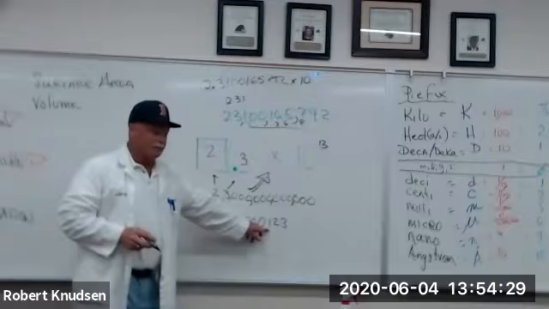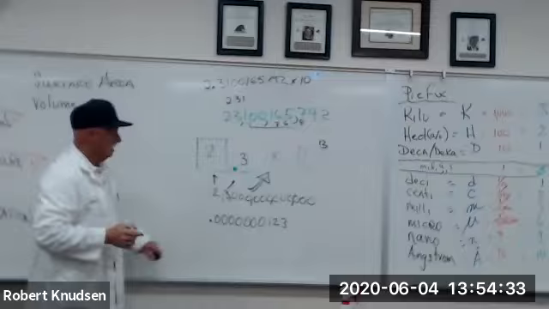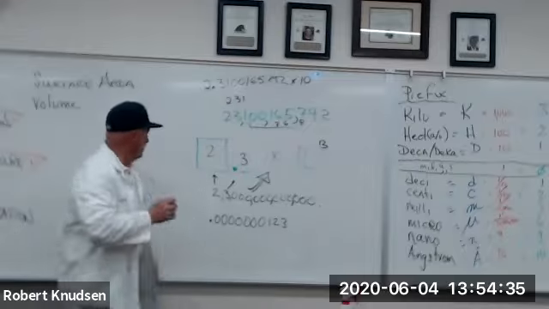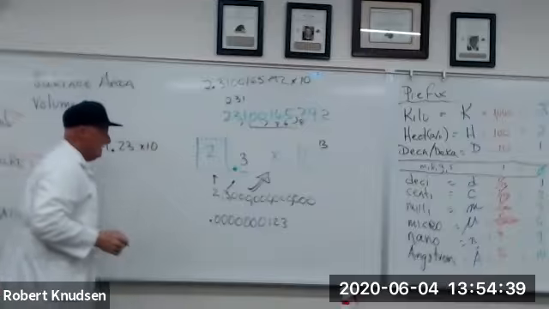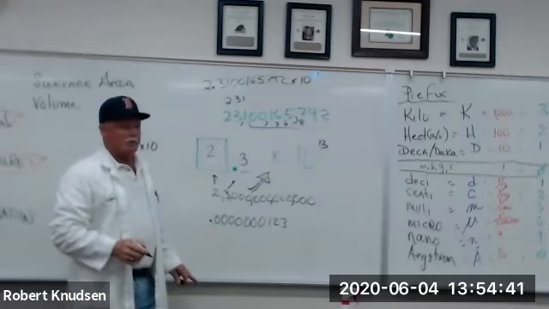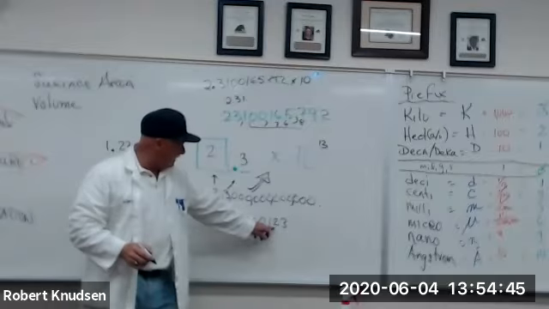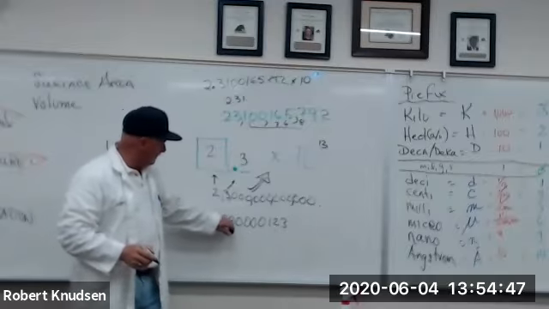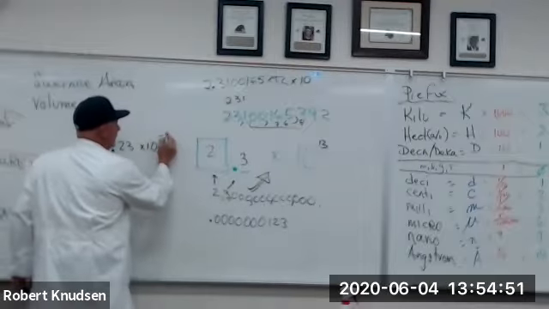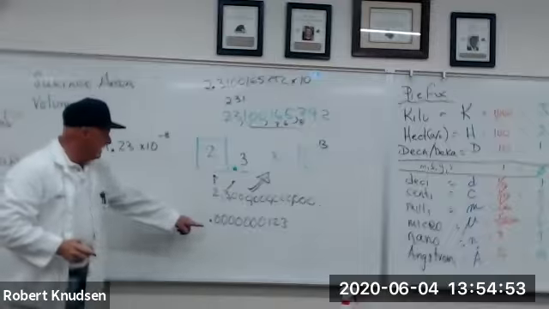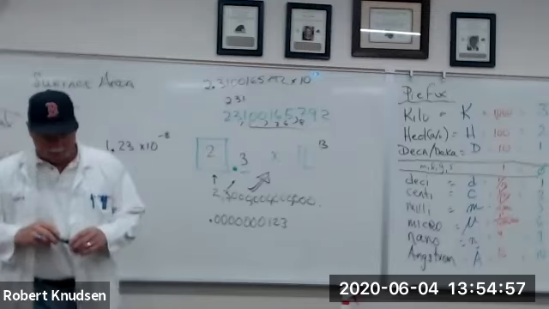First whole number, 1, followed by a decimal place. What are the other 2 numbers? Now there's 2 of them. 2, 3 times 10. Now, if it's a small number, we're going to move it. How many times did I move that decimal place to get it right over here by the 1? 1, 2, 3, 4, 5, 6, 7, 8. Minus 8. So this number is 1.23 times 10 to the minus 8.